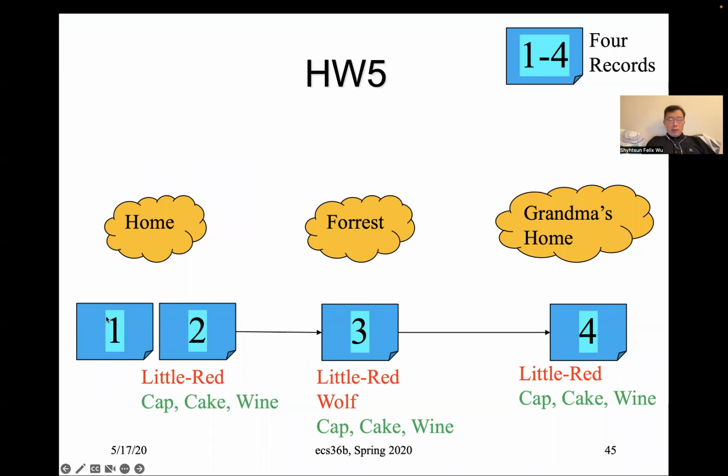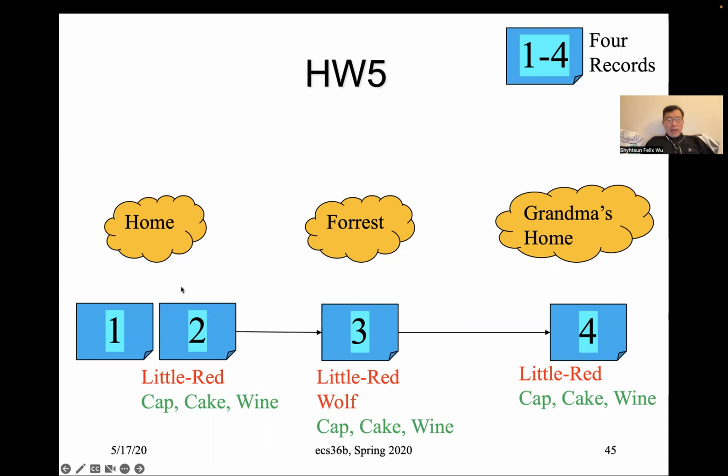For example, record number 1 and record number 2 happened in the home of Little Red. The third event is in the forest, when Little Red met the wolf. And the fourth record happened in Grandma's home, when Little Red arrived. That's the full record and the corresponding location where each event took place.